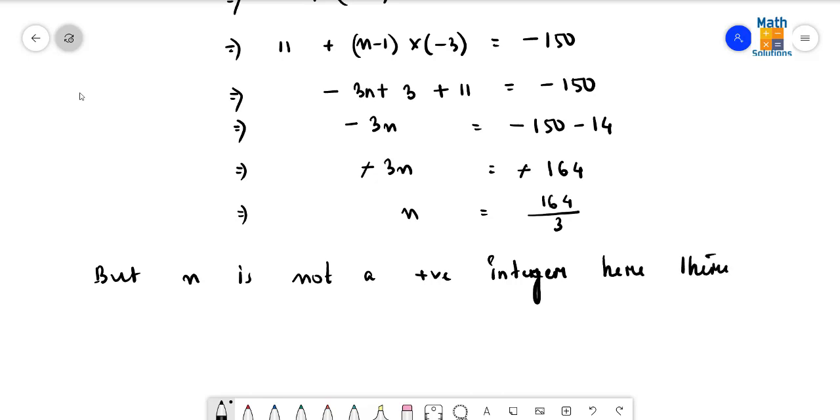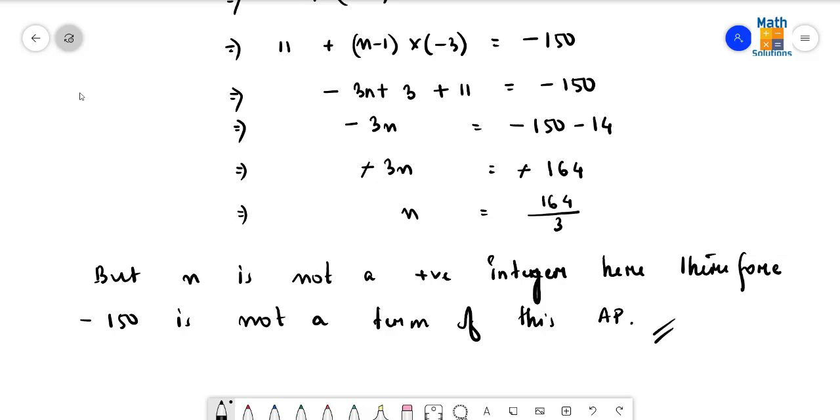Therefore minus 150 is not a term of this AP. So this is the answer of this question.